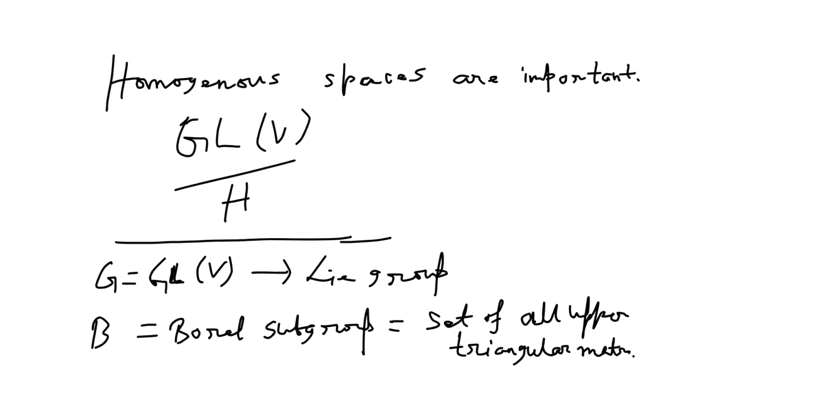Then you can look at the space G mod B. This is also a homogeneous space for G. G acts transitively on this space G mod B. And then there are interesting line bundles on this space.